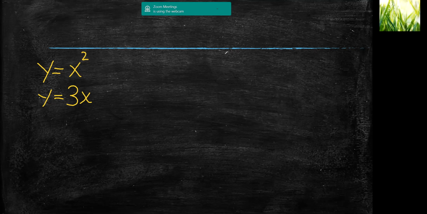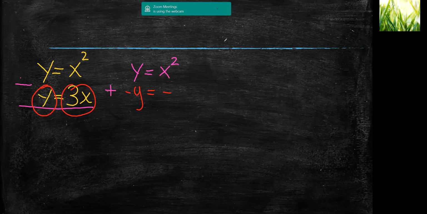First, we will subtract them. To subtract, we keep the first one as it is, change the minus to plus, and change the sign of each term. So the positive y becomes negative y, and the positive 3x becomes negative 3x.